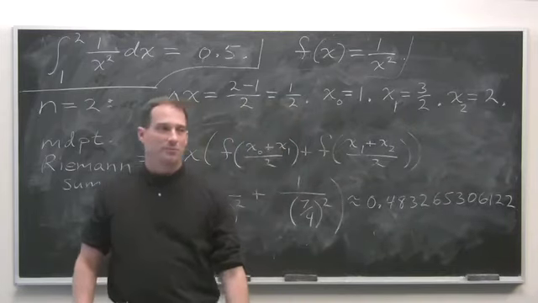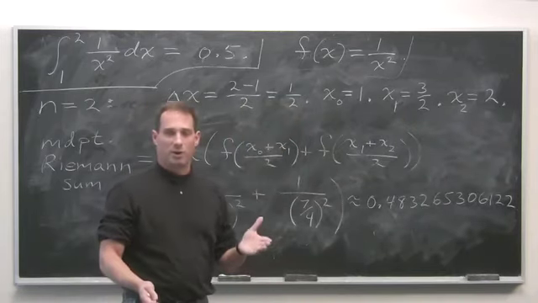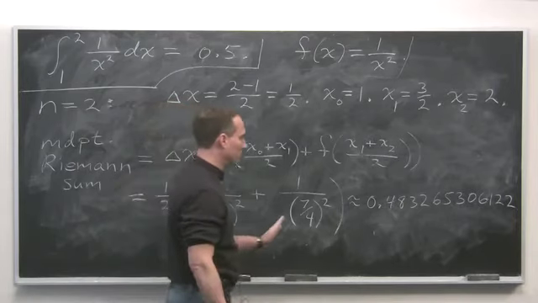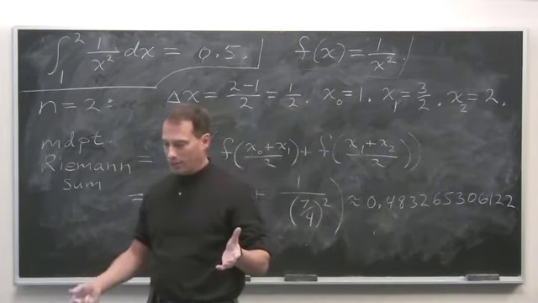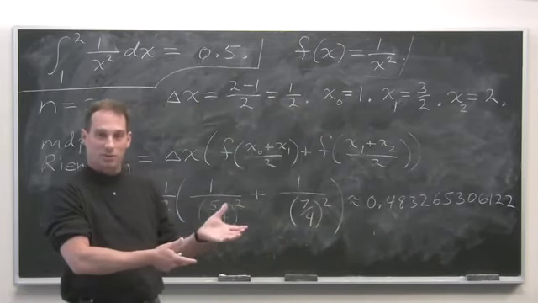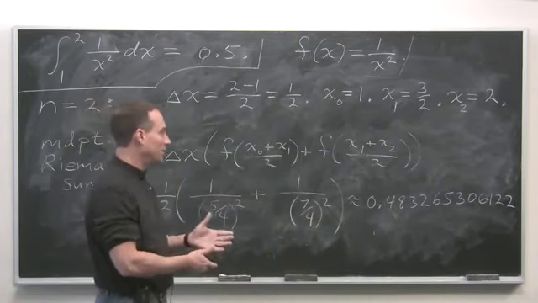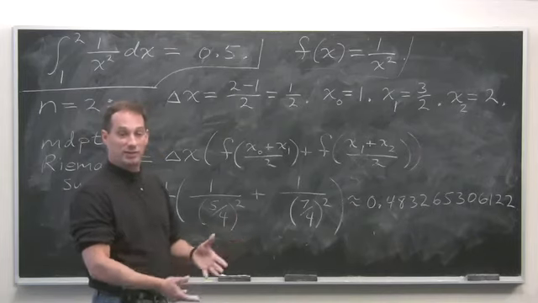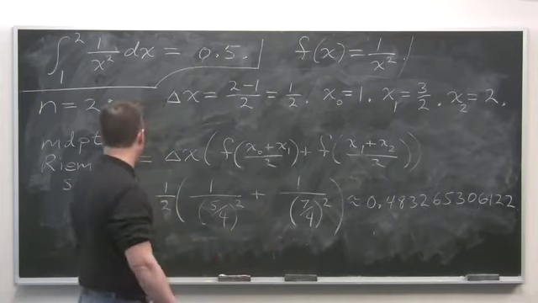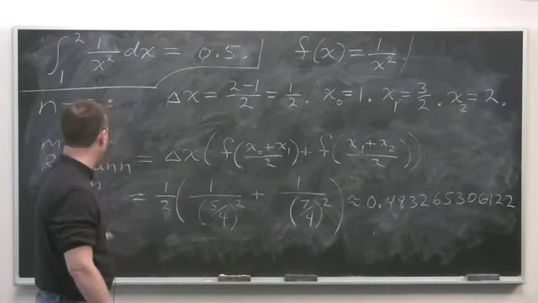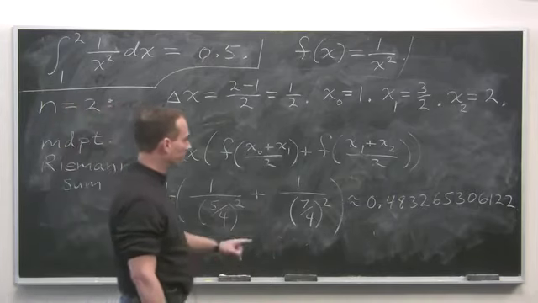When you're trying to see how accurate an approximation is, what you don't want to do is just give a decimal place or a couple of decimal places. If you're trying to see that this approximation's better in the 3rd decimal place than this one, or the 5th decimal place, or the 10th decimal place, well, then you need enough decimal places to see that difference. All right, so there's the midpoint Riemann sum.